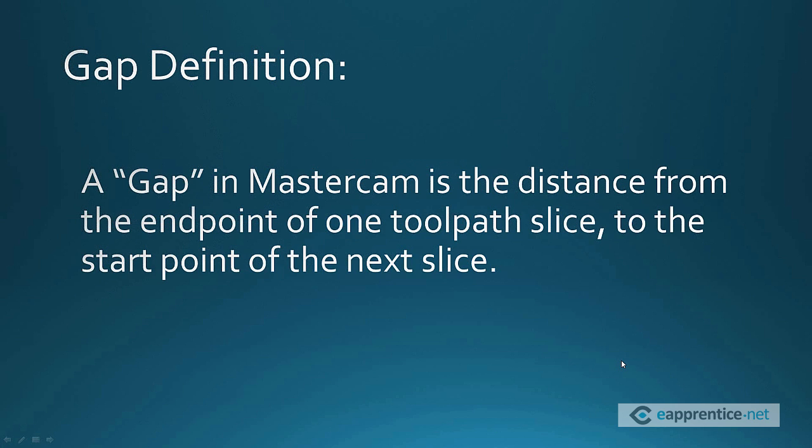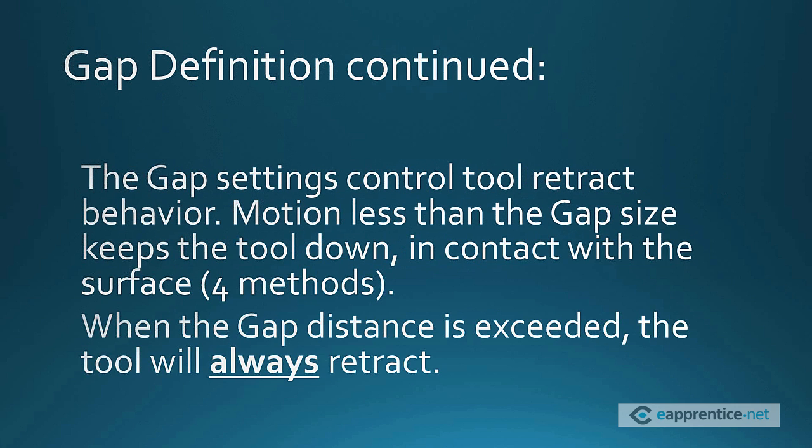So to really sum it all up, gap definition. A gap in Mastercam is the distance from the end point of one toolpath slice to the start point of the next slice. The gap settings control tool retract behavior.